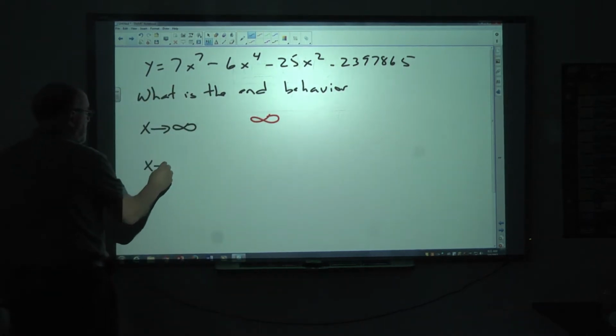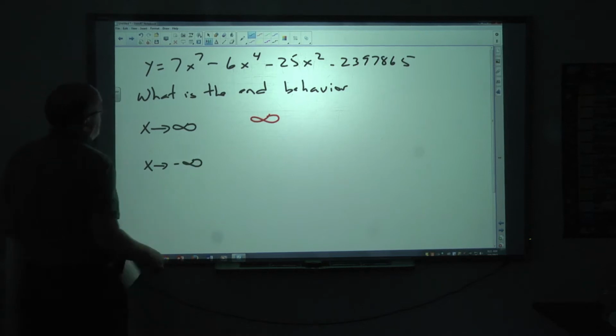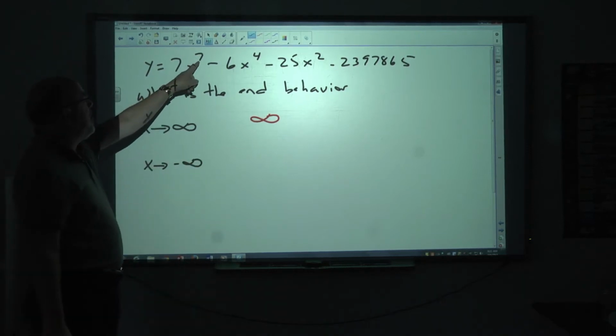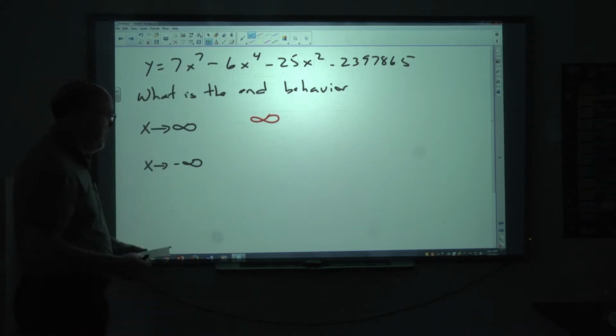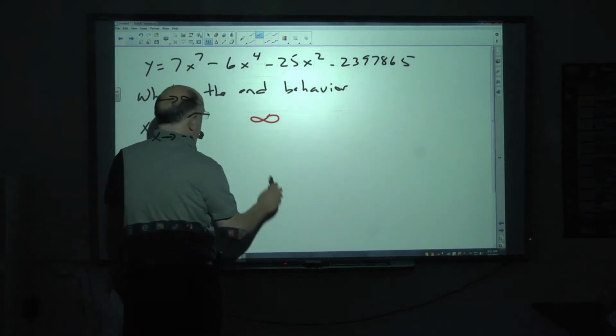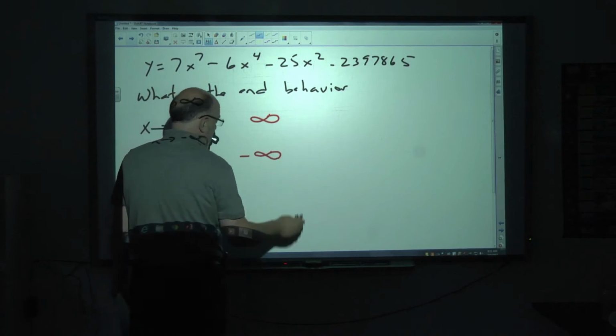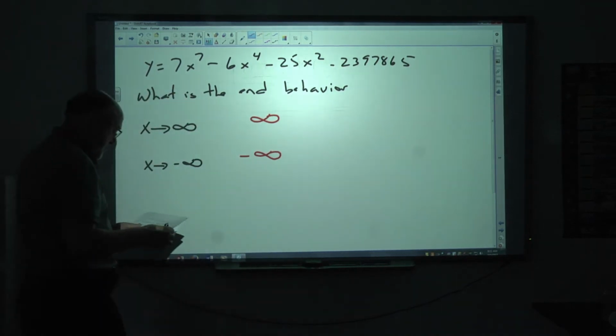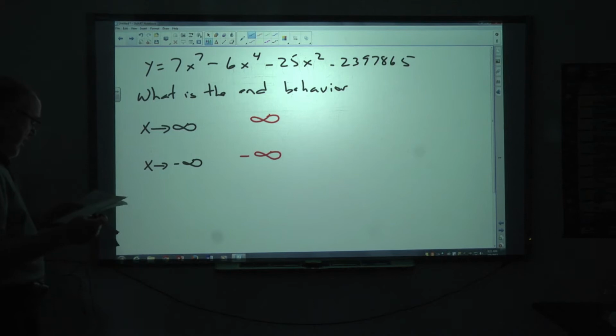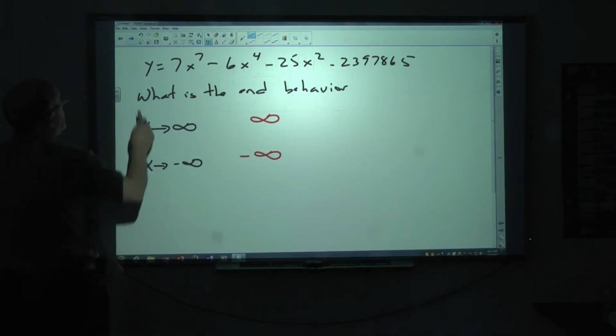As x goes to negative infinity, now this power is odd, and when you take a negative number raised to an odd power, you get a negative number. And so this is going to be negative infinity. So we can figure out what happens at the ends of an equation when we head out towards infinity and negative infinity.